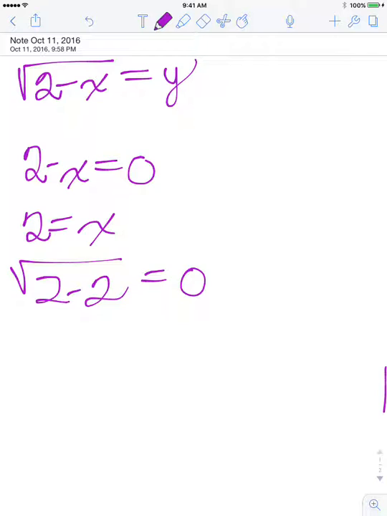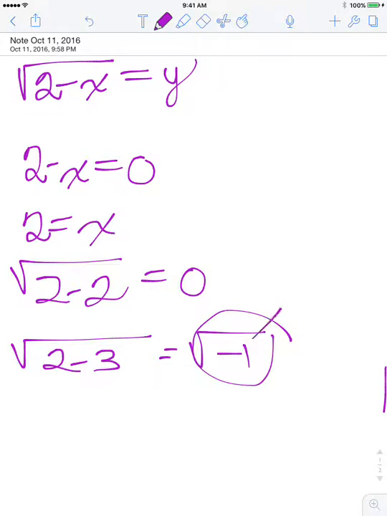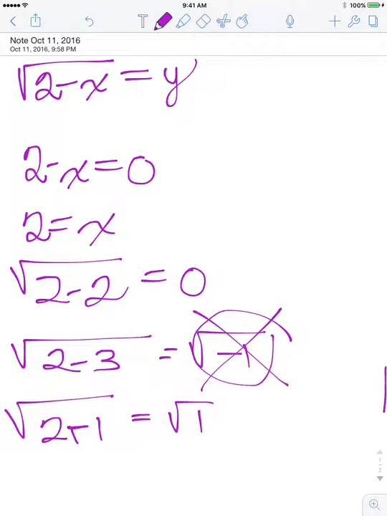What happens when I evaluate this at 3? What happens when I have 2 minus 3? Obviously, that's the square root of negative 1, and I can't have negative numbers in the square root. That's bad. So 2 is the biggest number I can have. Think about it. I can put in 2 minus 1, that's just the square root of 1, that's not a problem.